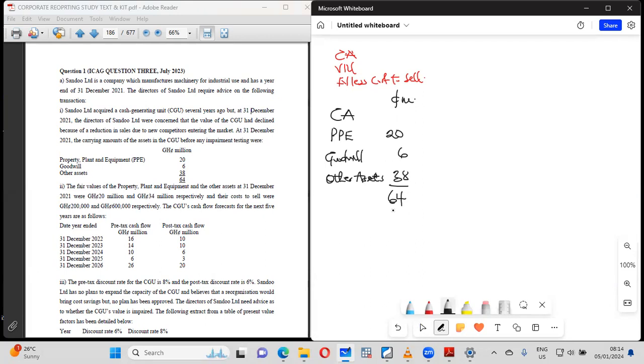Now it says that the fair values of the PPE and the other assets were 20 million and 34 million respectively, and their cost to sell was 200,000 and 600,000 respectively. So this one can help us with the fair value less cost to sell.